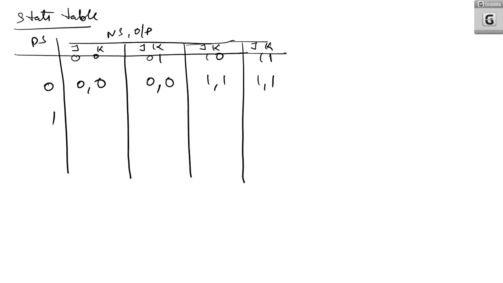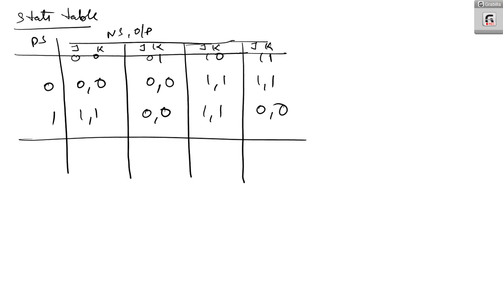Now again, if J is 0 and K is 0 in state 1, the next state is the present state itself, so that is 1, and the output remains 1. 0 1 means it is reset, so it is 0 comma 0. 1 0 means it is set, so 1 comma 1. 1 1 means it is toggled, so it is 0 comma 0. So that is the state table of the JK flip-flop.